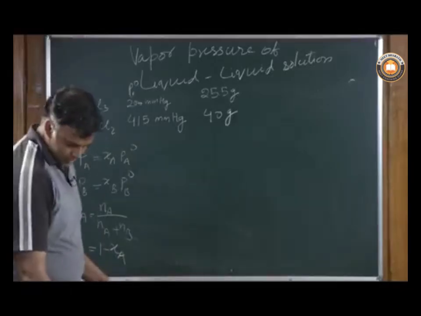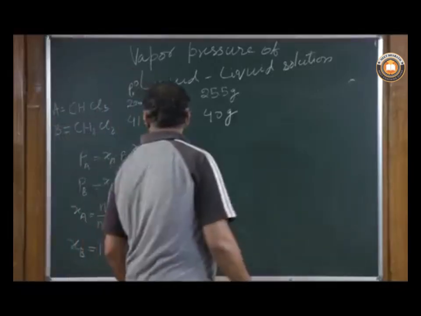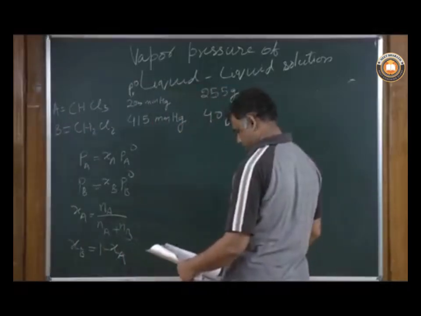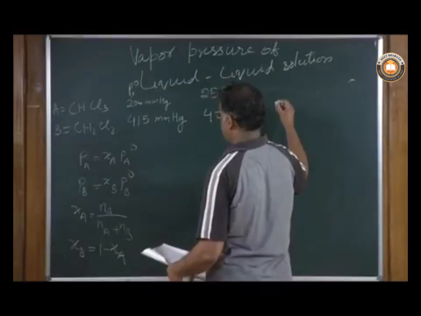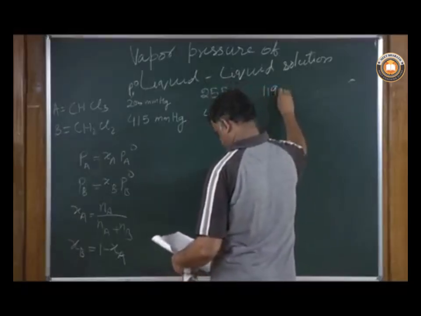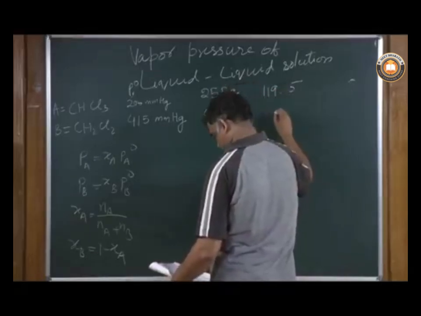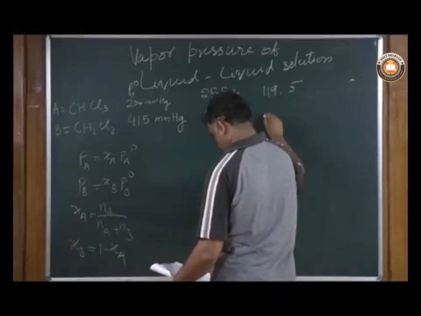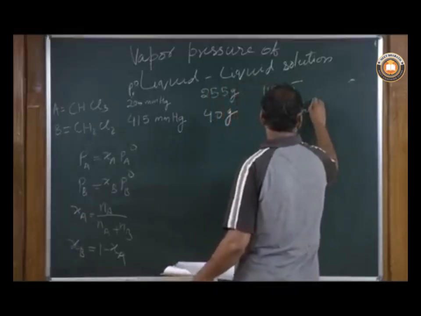So, let us see the molecular weight of CHCl3 is 119.5 and molecular weight of CH2Cl2 is 85 gram per mole.